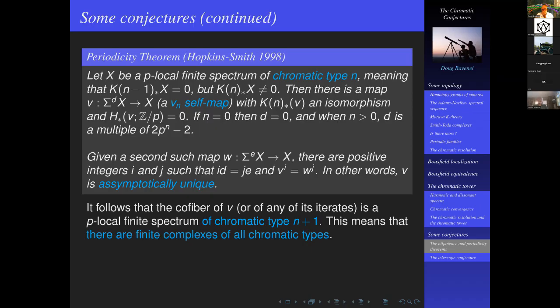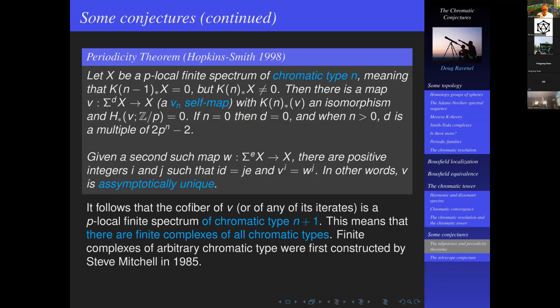So this means there are finite complexes of all chromatic types, and Steve Mitchell was the first person to construct finite complexes of arbitrary chromatic type. But anyway, this means that there are lots of periodic families in the homotopy groups of spheres, not just the three that we knew about in the early 70s, but lots and lots of them, with all flavors of periodicity occurring.